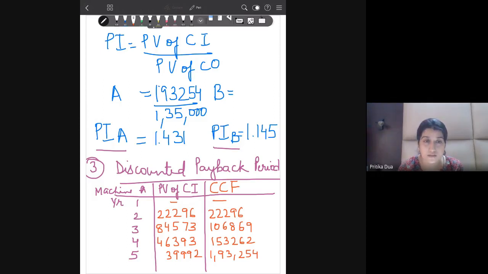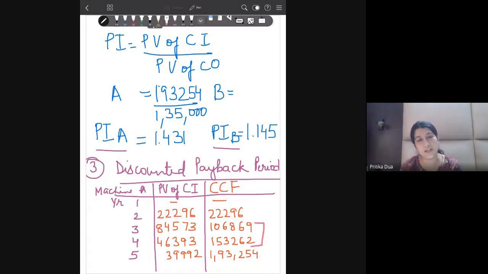to solve the payback period. To solve for the payback period under the cumulative cash flow technique, we locate the time frame between which you are able to recover your initial investment. So herein you can see that 1,35,000, which was your initial investment, it is recovered between the third year and the fourth year.